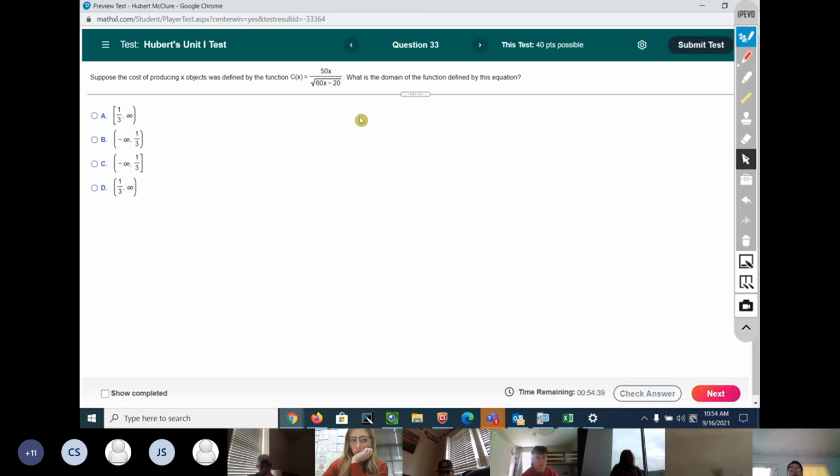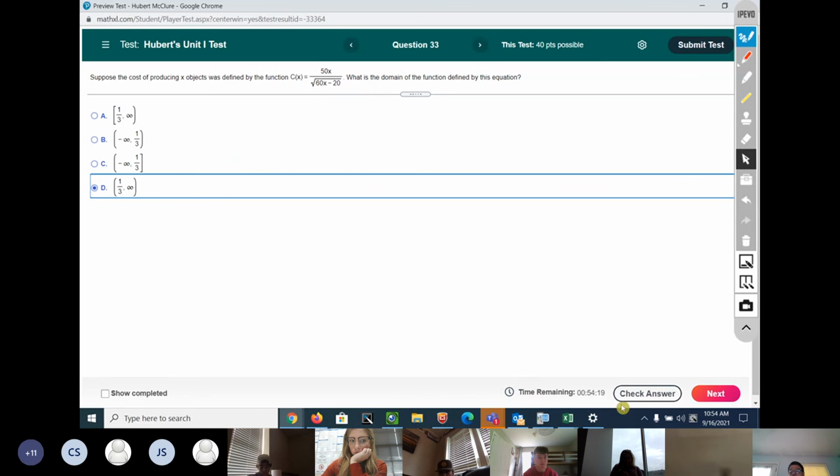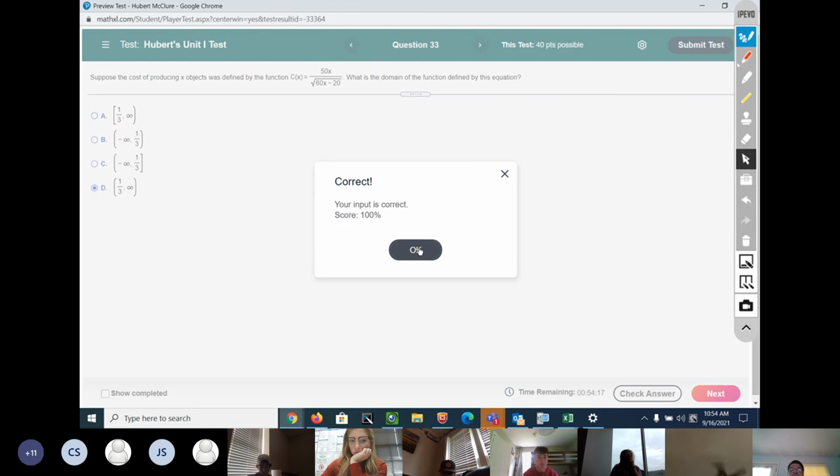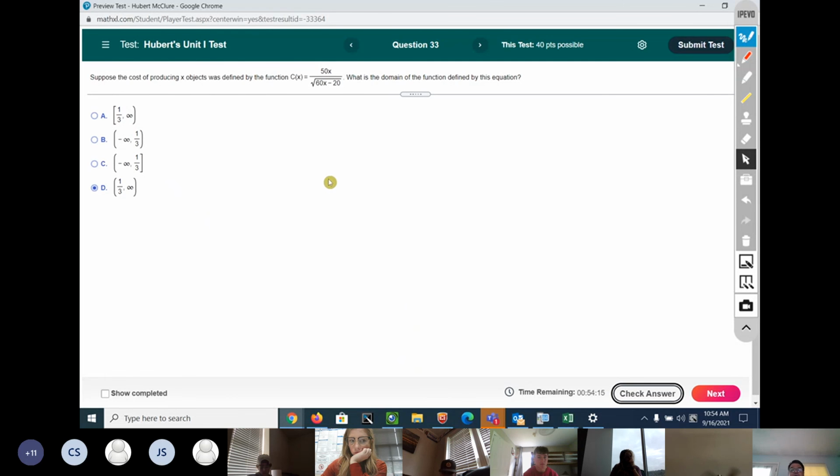So 60, 20, that'd be 1/3. So all those numbers greater than 1/3, from 1/3 to infinity, I believe it would be D. Now I just did that one in my head, so you should be able to do that one algebraically.